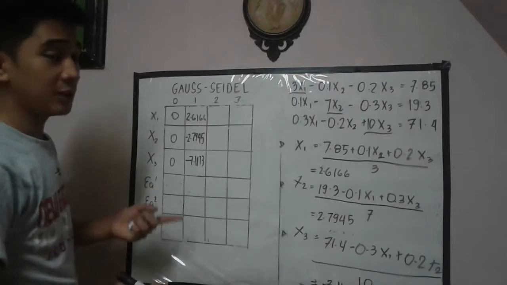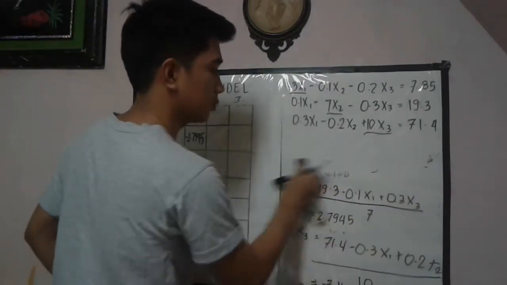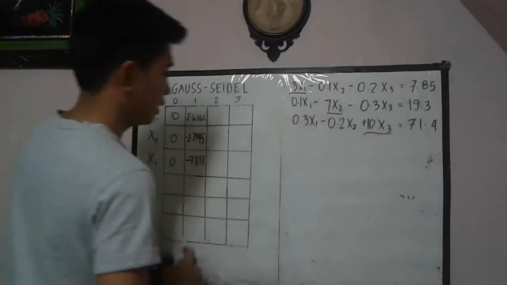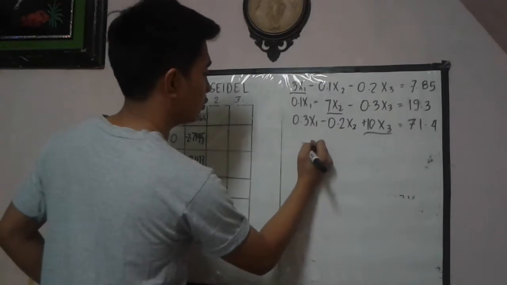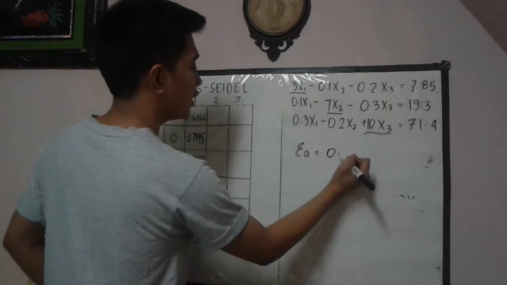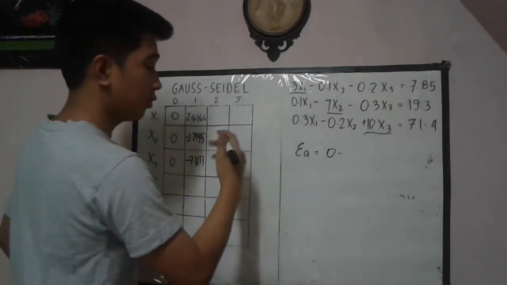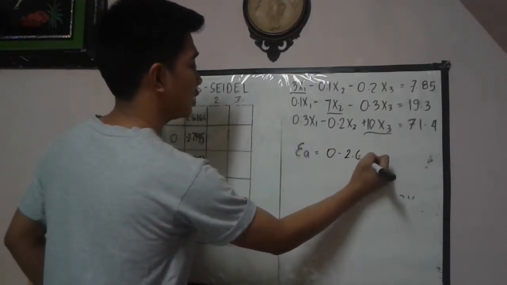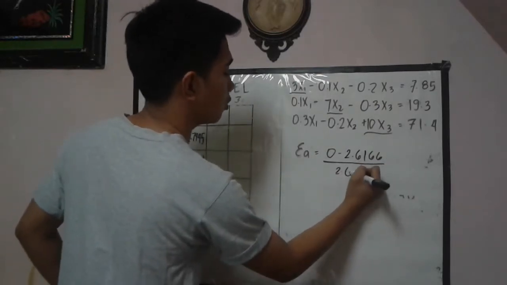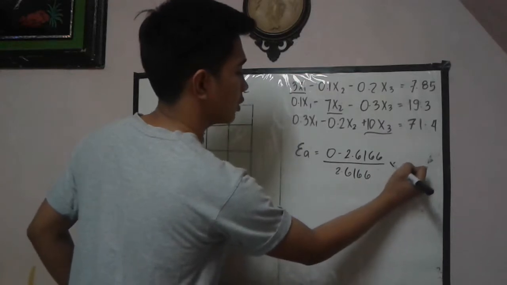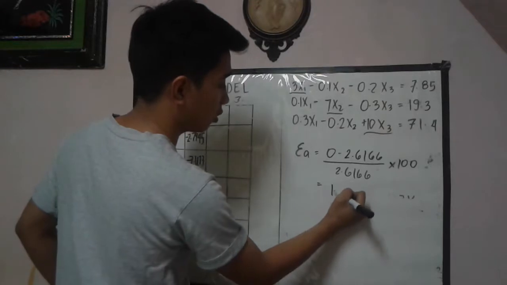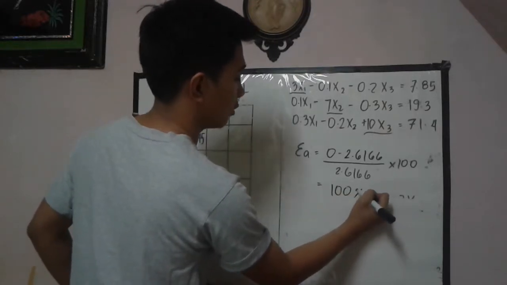To determine the percentage of error, the equation for our percentage of error will be our new value minus the value you determined before, over the new value, times 100. For x1, 2.6166 minus 0 over 2.6166 times 100 will give us a percentage of error of 100%.